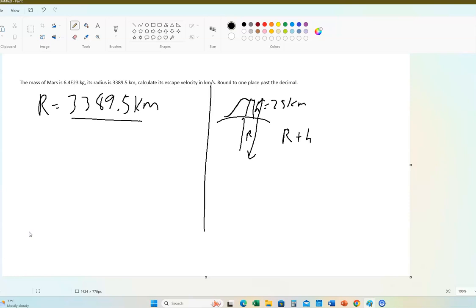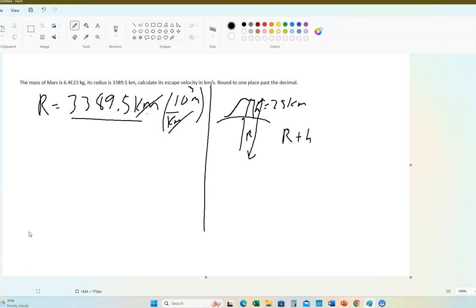So the escape velocity from the surface of Mars, to convert this, you just change it to times 10 to the third. You can play this little game: 1 kilometer is 10 to the third meters, so the kilometers cancel.